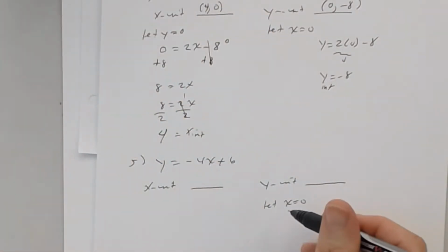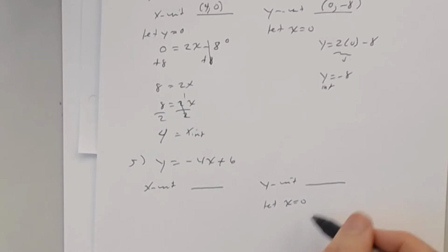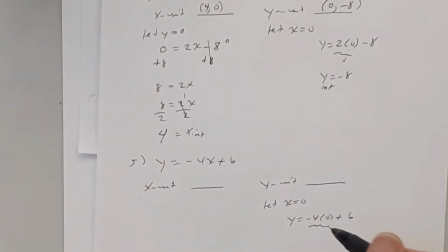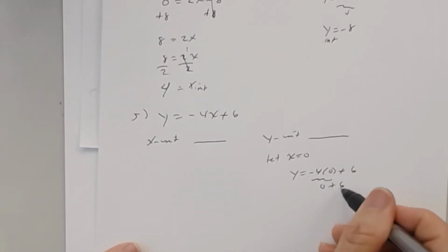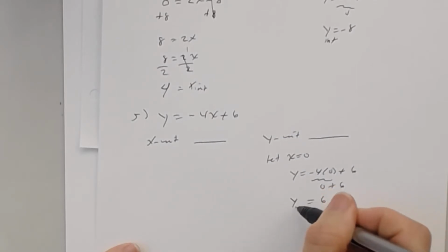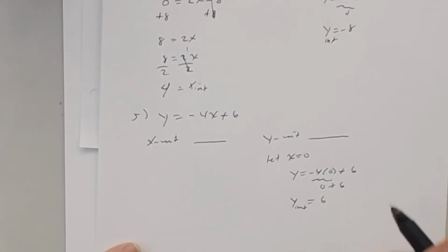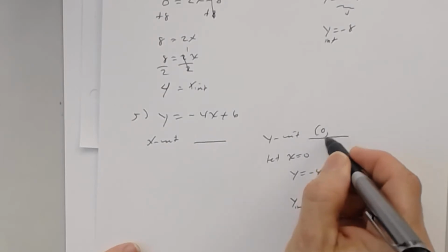But if you want to substitute the 0, you can. You would say y equals negative 4 times 0 plus 6. Negative 4 times 0 is 0, and 0 plus 6 is 6. So your y-intercept is 6, and as an ordered pair, it's 0, 6.